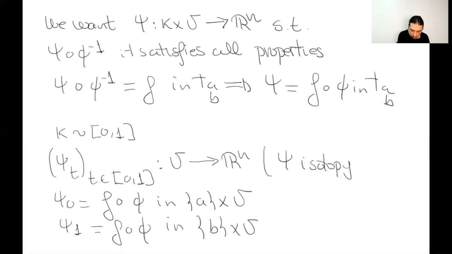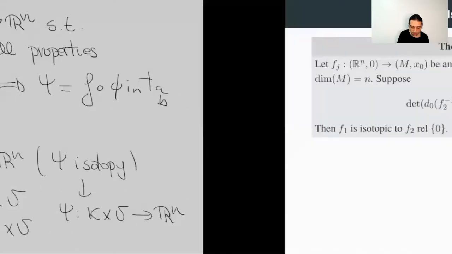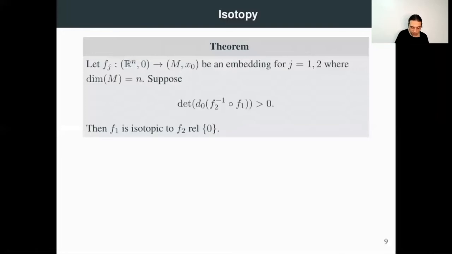This isotopy, of course, is going to provide a continuous map from K times V to Rn. Okay, and this isotopy exists because of this theorem.